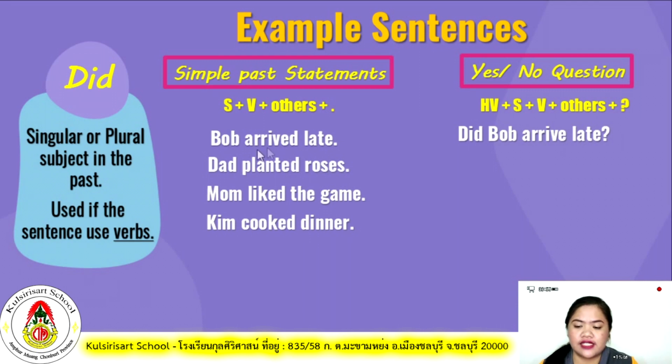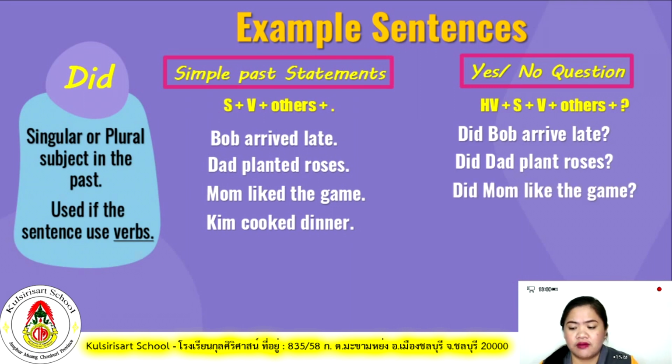It uses a verb, planted, so we use did. Did Dad plant roses? Another is, did Mom like the game? And did Kim cook dinner?